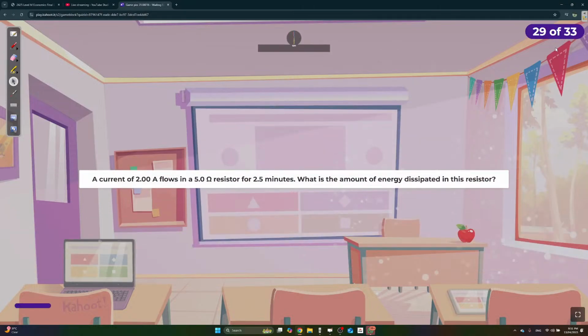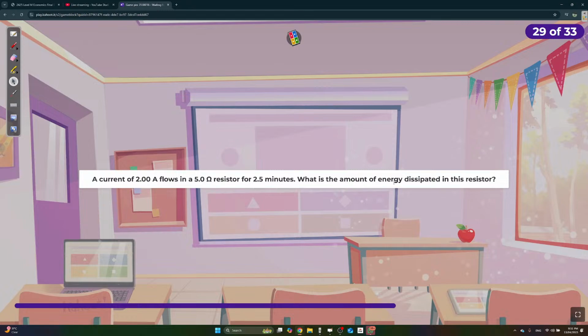Okay, let's continue. A current of 2 amperes flows in a 5 ohm resistor for 2.5 minutes. What is the amount of energy dissipated in this resistor?